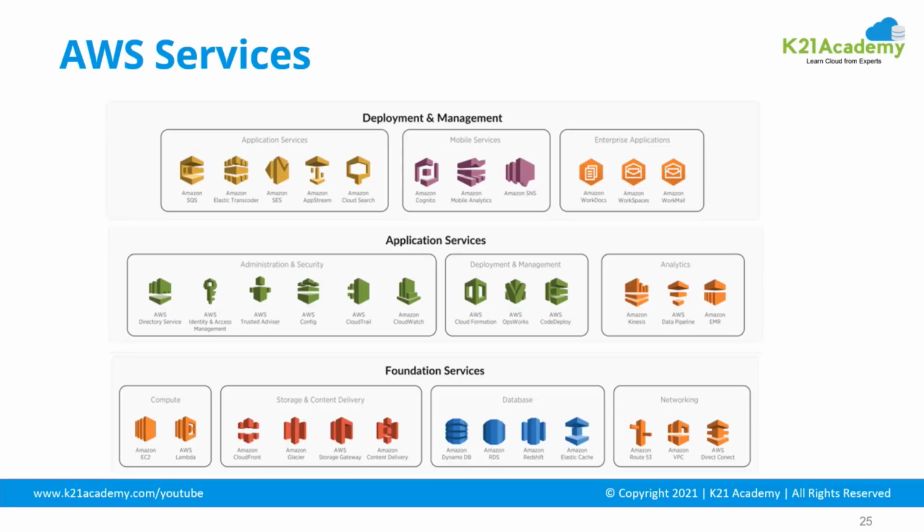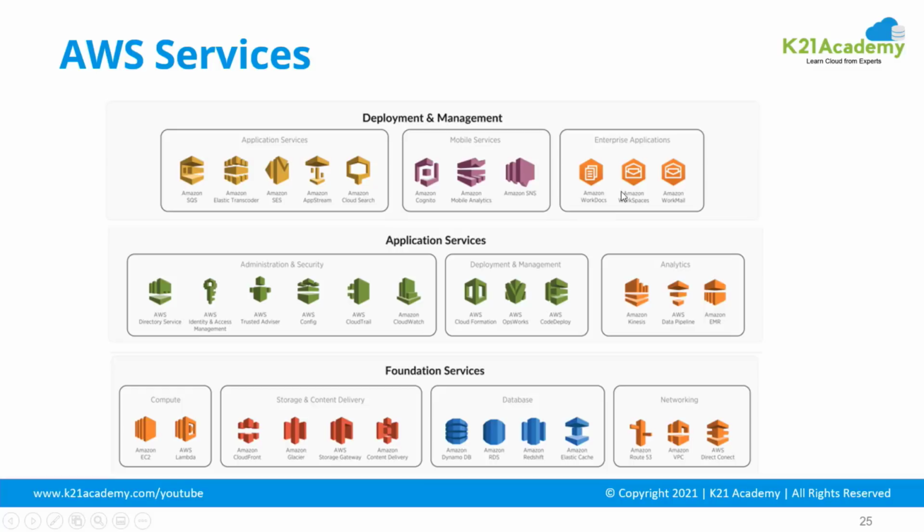And then how do you deploy and manage these applications? So you have mobile services, you have application services like Simple Queue Service or Simple Email Service and so on. And then how do you monitor and watch and manage and search your application, which is Elasticsearch as well. And then you have enterprise applications.